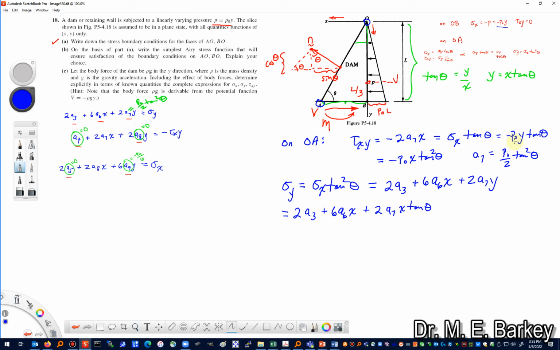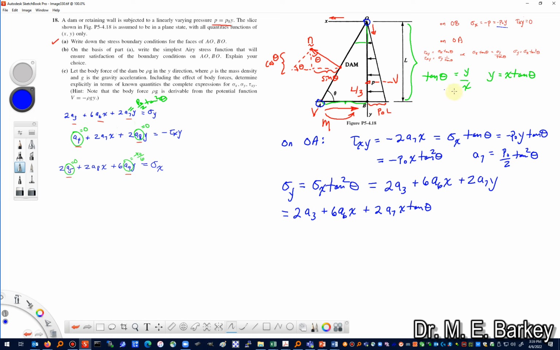But sigma x is equal to minus p naught y, so we have minus p naught y tangent theta. And so when we go through this, we end up with y being equal to x tangent theta. So we have minus p naught x tangent squared theta, and we can solve for a7 to be p naught over 2 tangent squared theta.